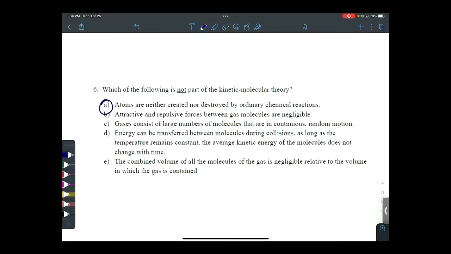That's true as well. And E, the combined volume of all molecules of gas is negligible relative to the volume of the gas. Yeah, so E is correct too. It's part of KMT. B through E all describe gases. A is the only one that doesn't describe gases. It's actually like Dalton's billiard ball model.